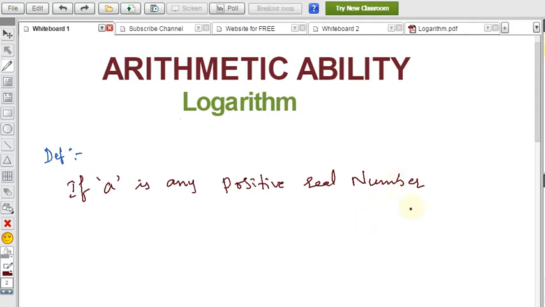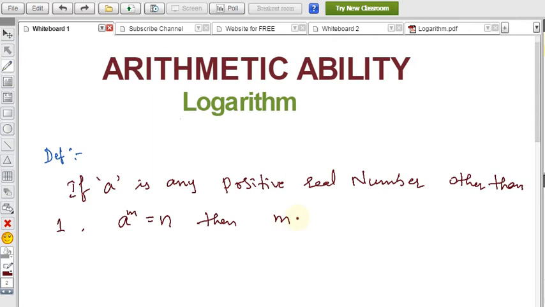If a is any positive real number other than 1, so except 1, any positive real number, and a to the power m is equal to n. Then this is in exponential notation, a power m is equal to n.